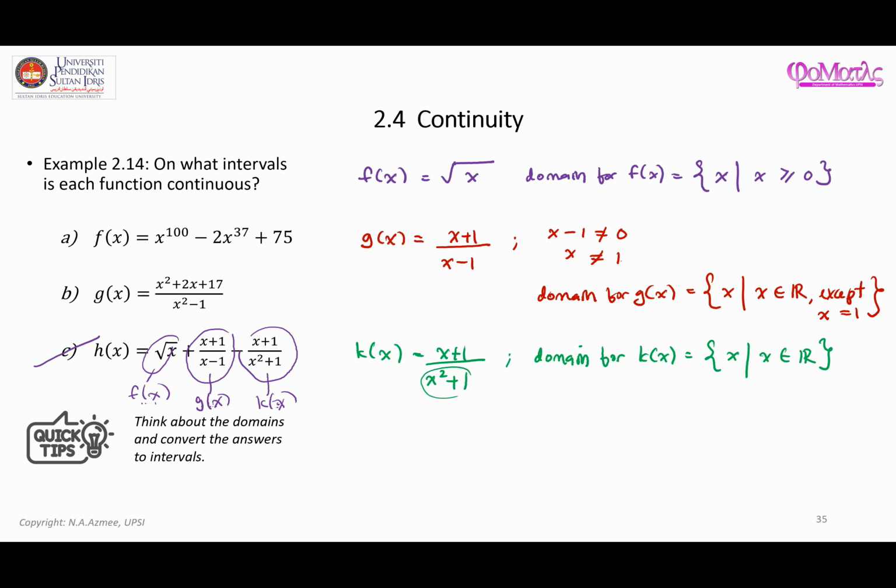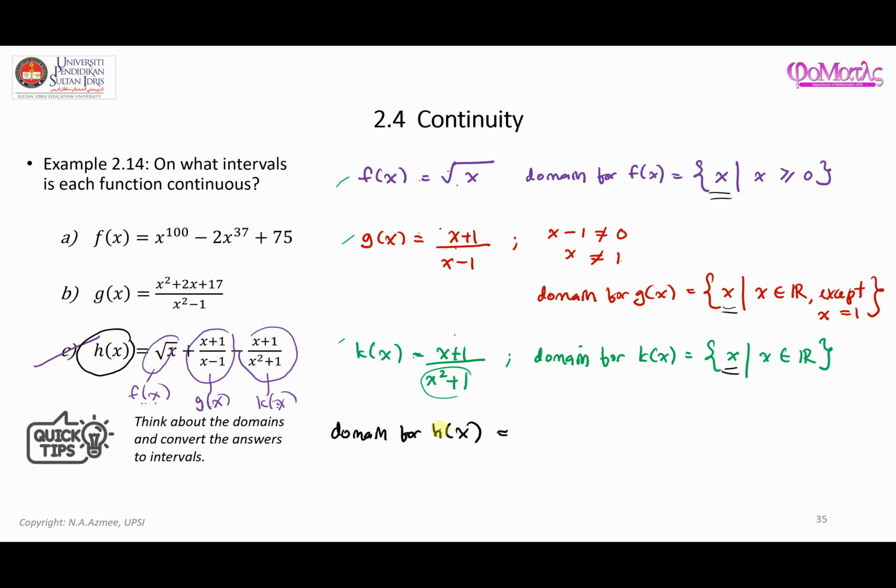Now, based on these three functions given here, we need to come up with the domain for h(x). And so for the domain for h(x), we have to consider the requirement that is tighter, because we need to make sure that the values of x that we choose fit all three of the functions given here.